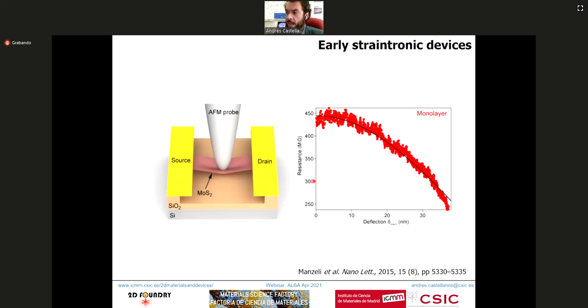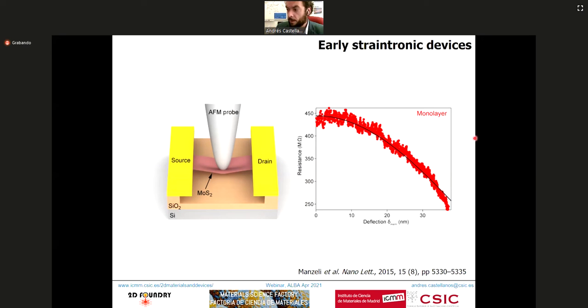I can highlight one of the first ones, from Andres' group, in which they fabricated a suspended bridge of molybdenum disulfide, and using the tip of an AFM they were able to change the resistance of the channel. Basically they were doing indentations in this freely suspended layer with the tip of an AFM, and they were changing its resistance. This is due to the fact that they are changing the band structure of the material, closing the band gap when you apply tensile deformation.